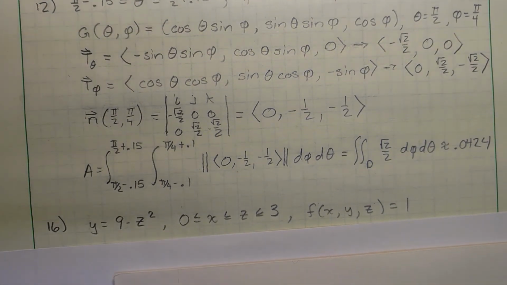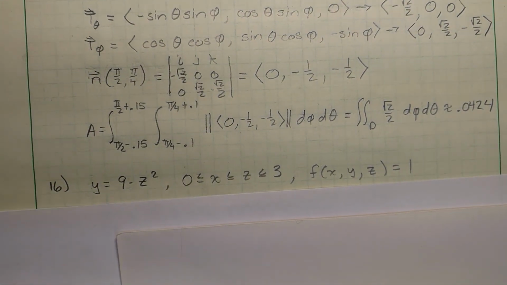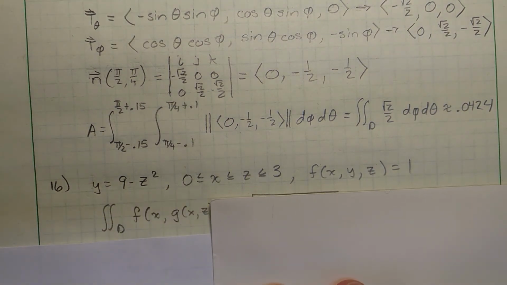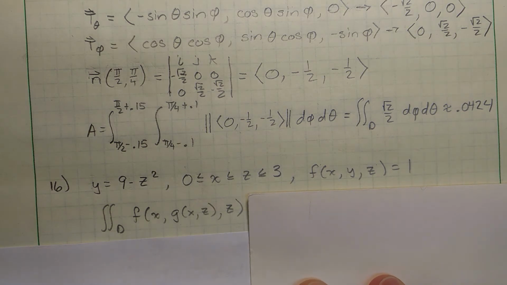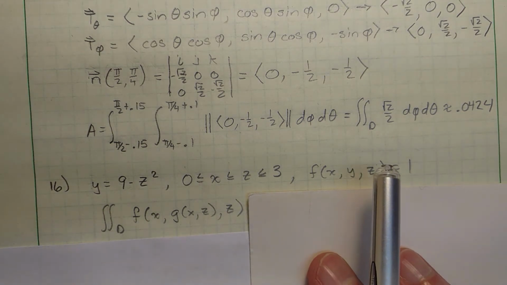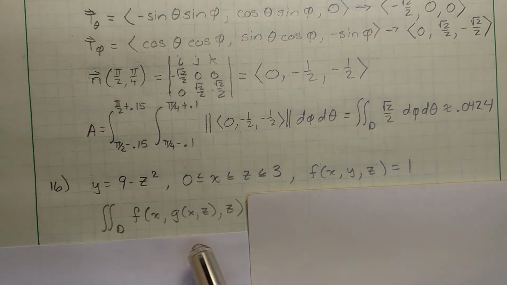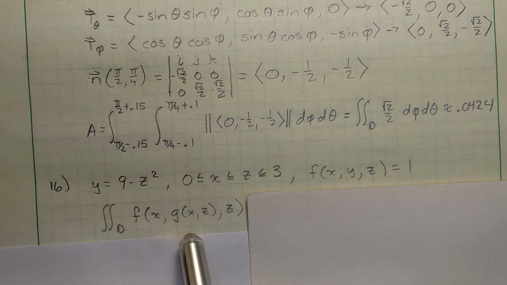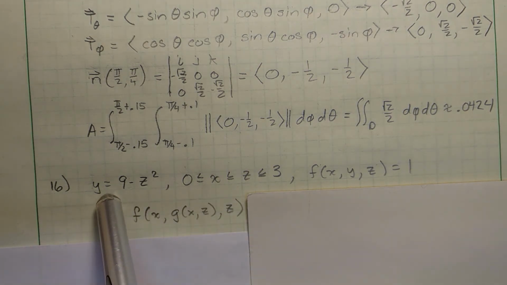So going ahead there, we'll have the double integral over the domain, and because of the way our function is, we're going to define y in terms of x and z, because those are the only variables we're given here.